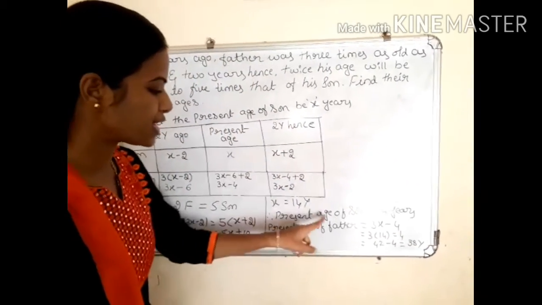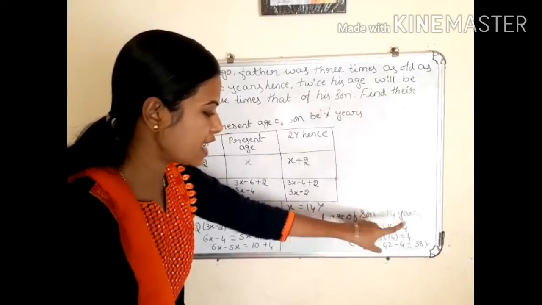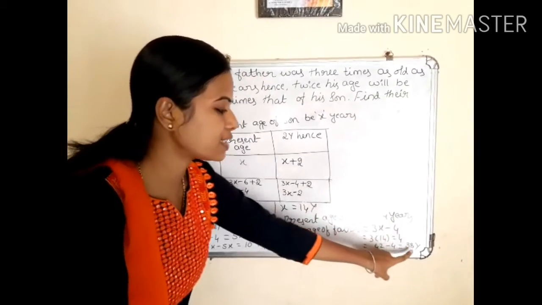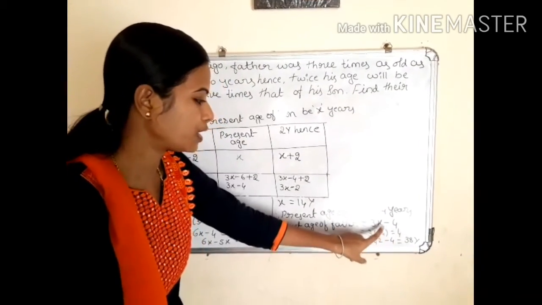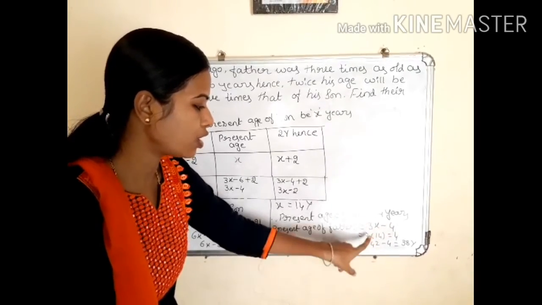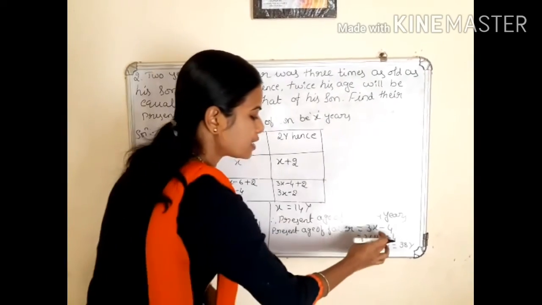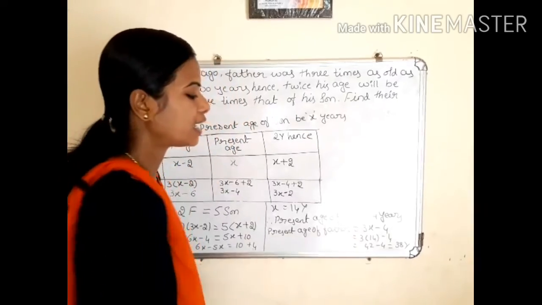Here we got the present age of the son is 14 years and the present age of the father is 38 years. Substituting the x value in 3x minus 4, 3 into 14 minus 4, you will get 38 years.